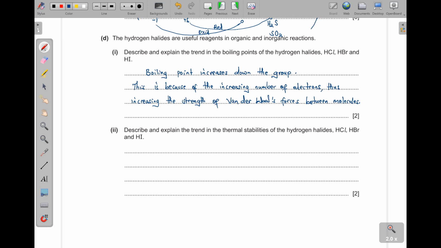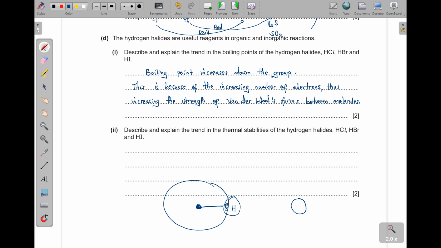Then Roman 2, describe and explain the trend in the thermostabilities of the halides. Thermostabilities, how do these ones break as you heat? So it becomes very, very easy to break these halides as you go down the group. Why? You have this halide here, very big, and then the distance between that and the shared electrons here with the hydrogen is big.